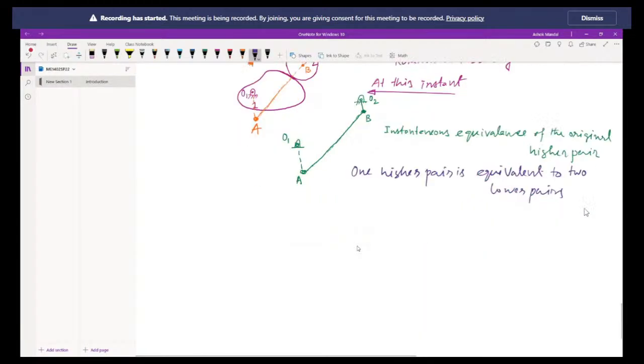Right, now let us take one example. So you can consider a CAM follower mechanism where you have a link like this, which we generally refer to as CAM, and which is connected to a link like this.